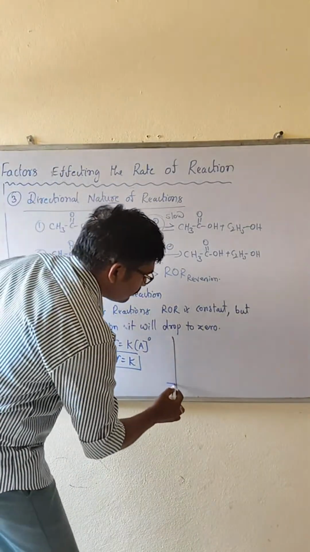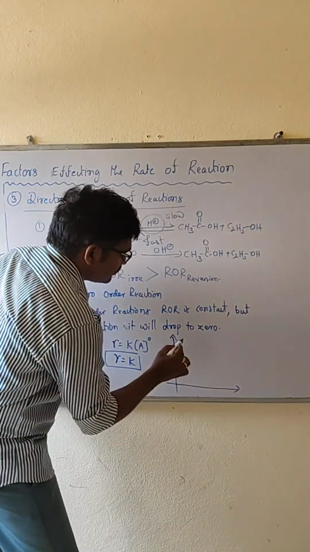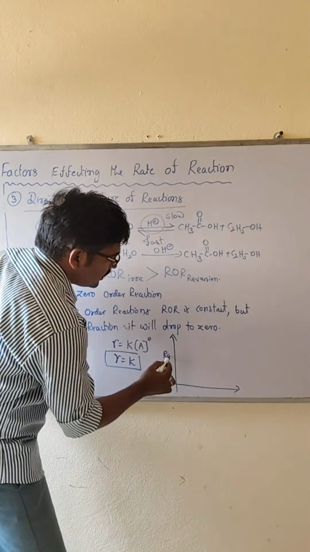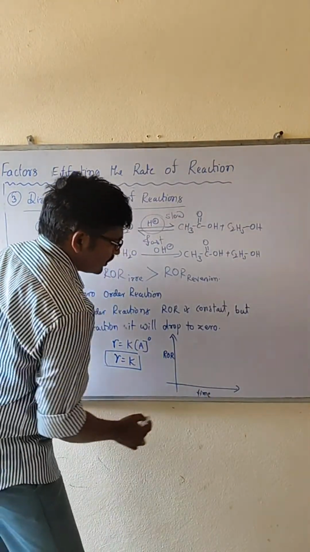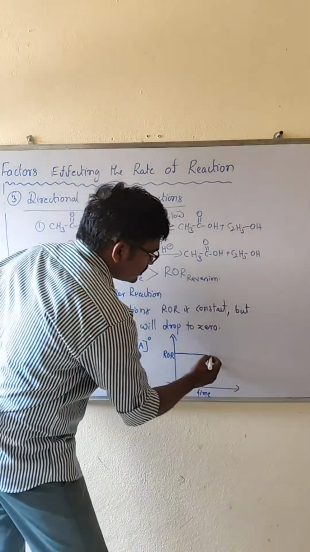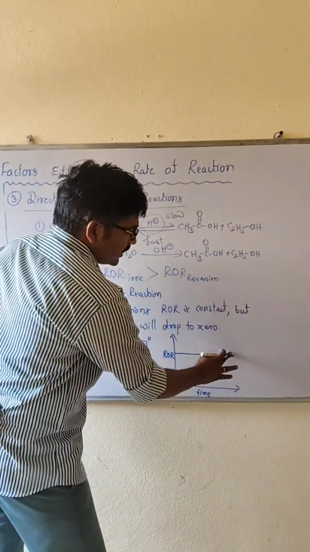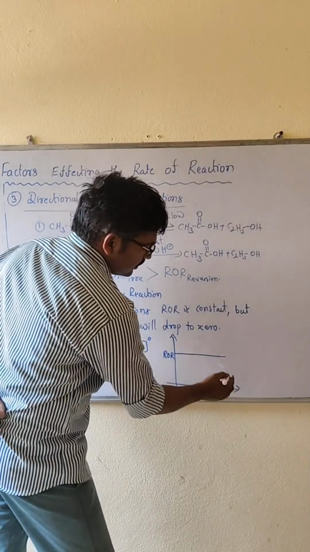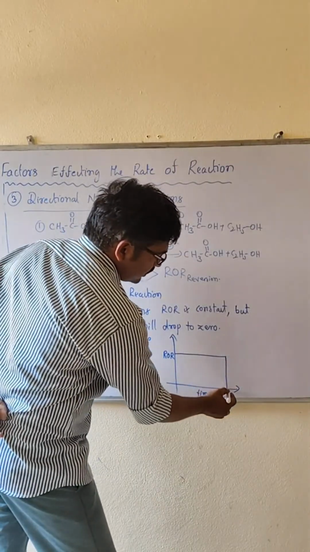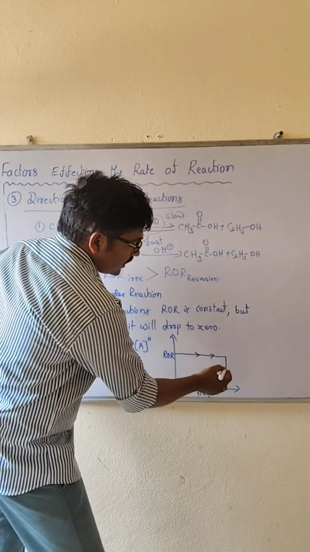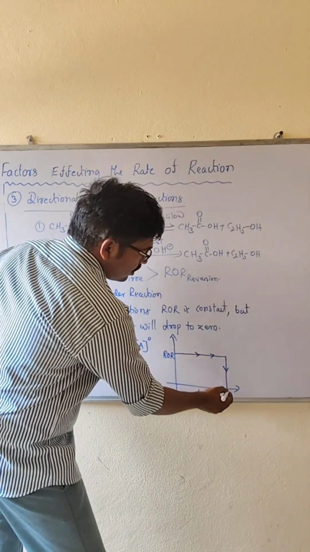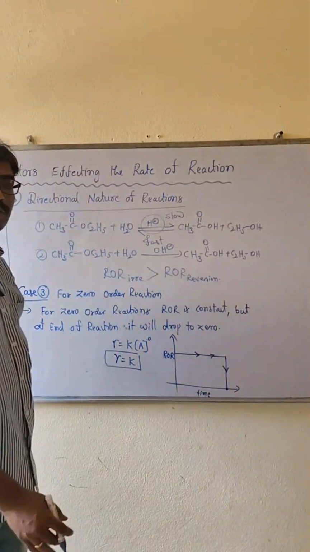If you take a graph of rate of reaction with respect to time, the rate of reaction is constant, and at the end of the reaction, it will drop to 0.